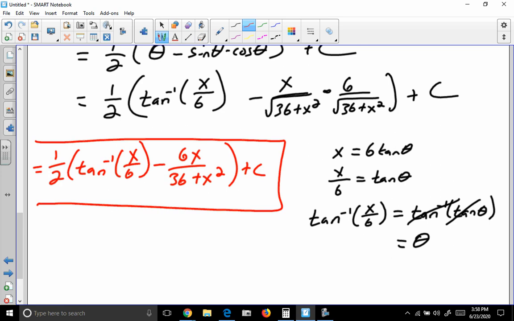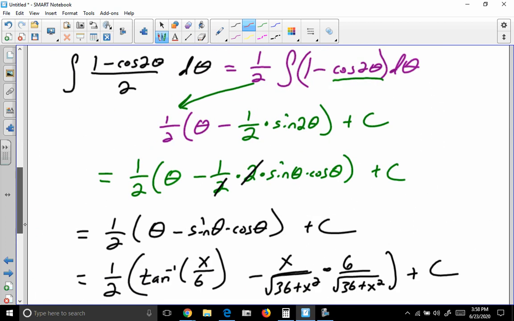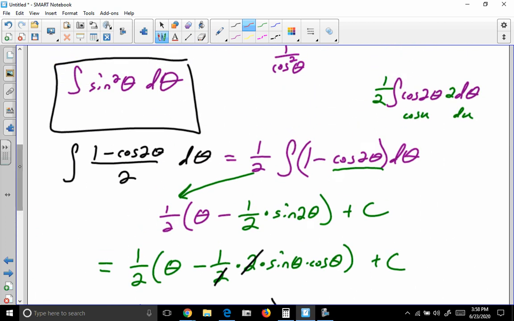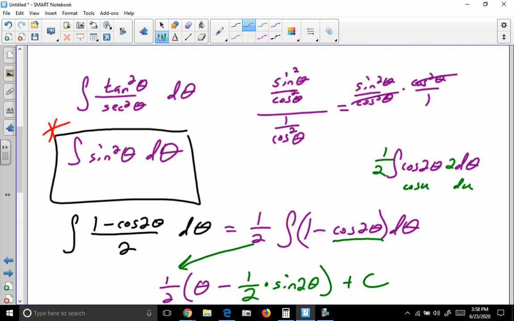So the integral was a little bit trickier there. Once we got it simplified here, that integral, we had to make a trig substitution using an identity just to get it to something that we could integrate.